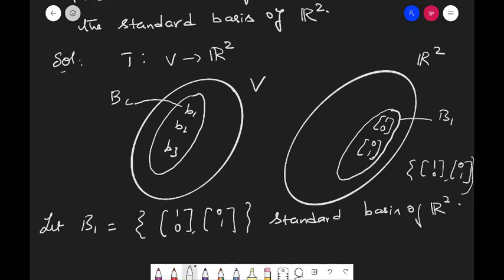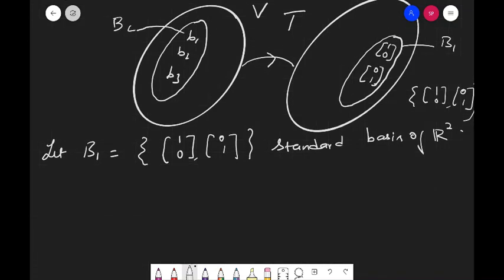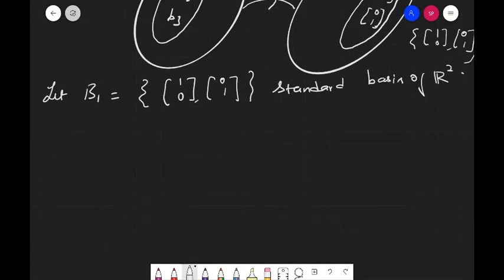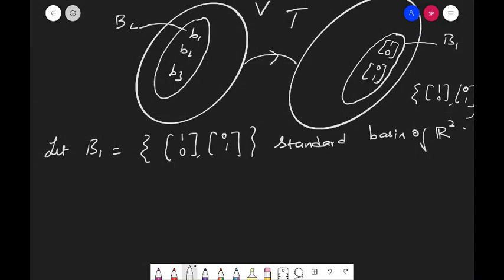Now what else is given? T is a linear transformation from V to R2. Now how do we find the matrix of any linear transformation? If we recollect the steps, first we need to know the basis for both. So we have known the basis for both.